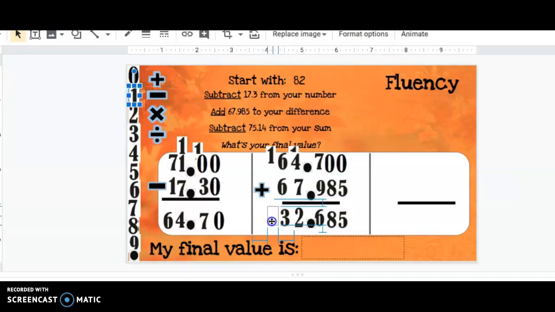So now they're saying subtract 75 and 14/100ths from your sum. So we're subtracting that from our number we just solved for. So we're going to bring that number up. So I'm just copying this number and I'm putting it over here so I can continue doing my work.